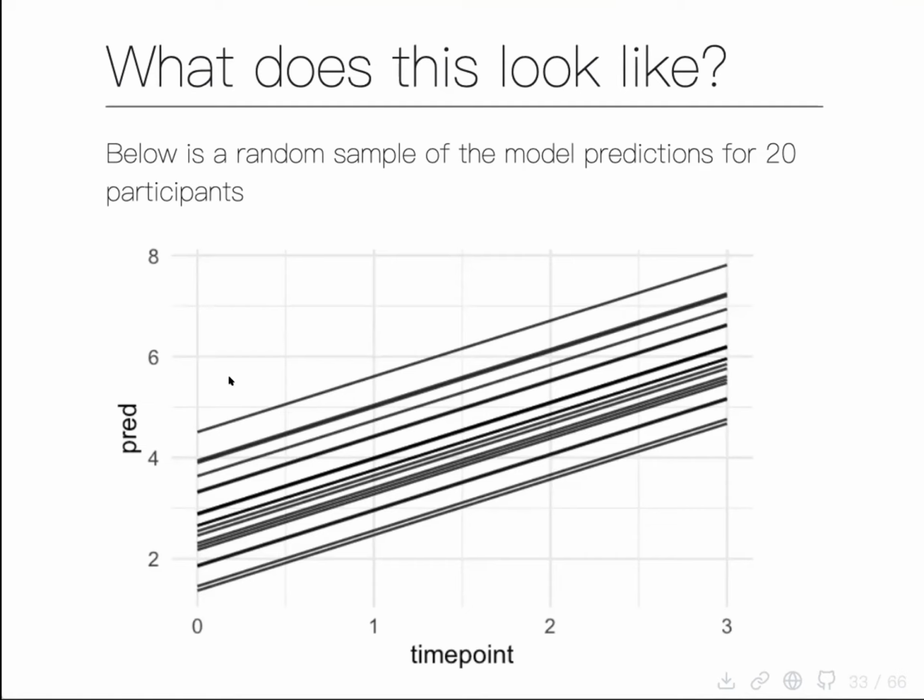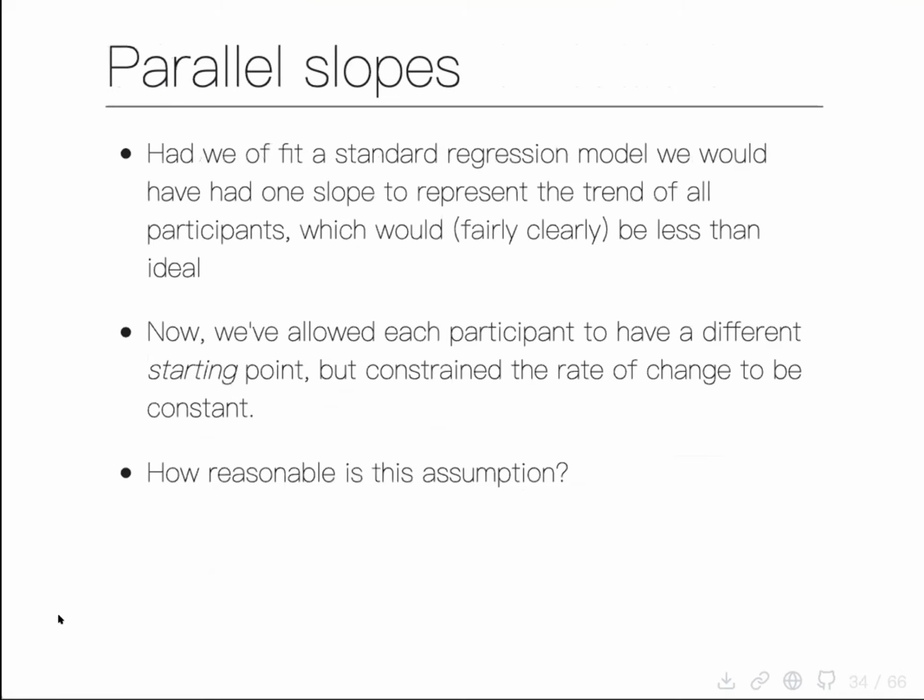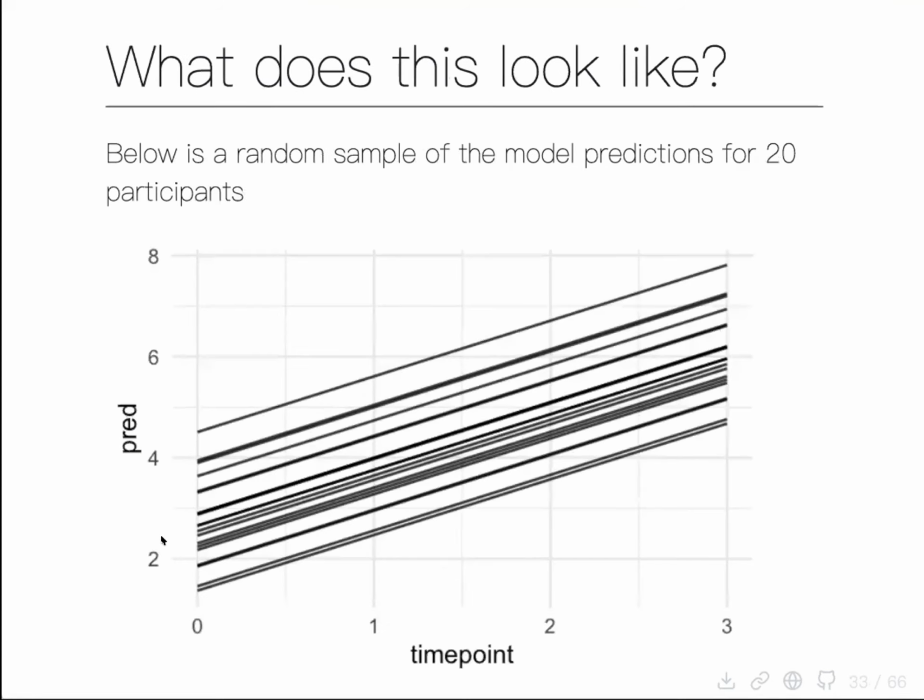So you can see there is quite a bit of difference in what the model is predicting these students' intercept will be, where they start, but the slope is constrained to be the same across all students, right? So every student has the same slope, even though the intercept is different for all students. Okay, so had we fit a standard regression model instead of a multi-level model, we would have had one slope.